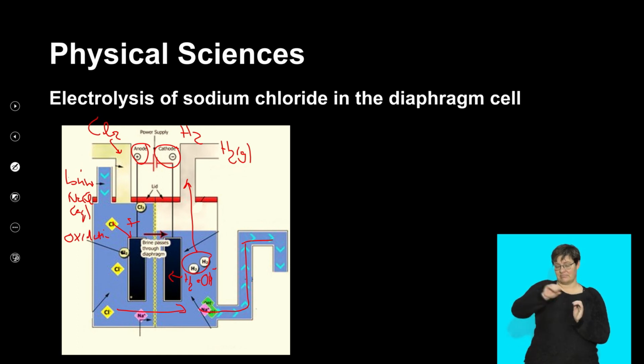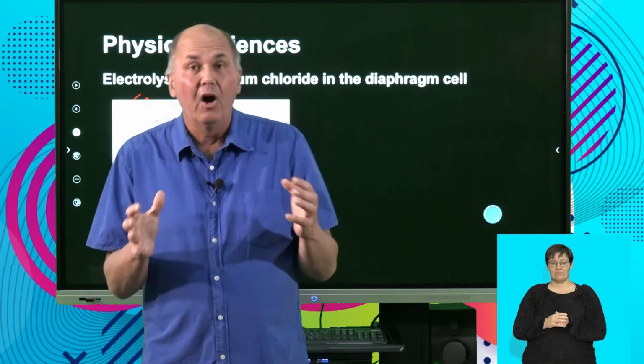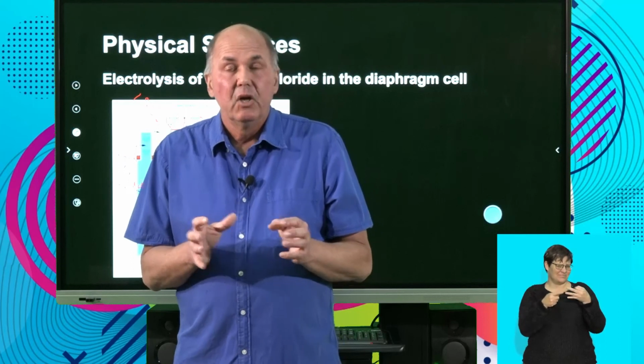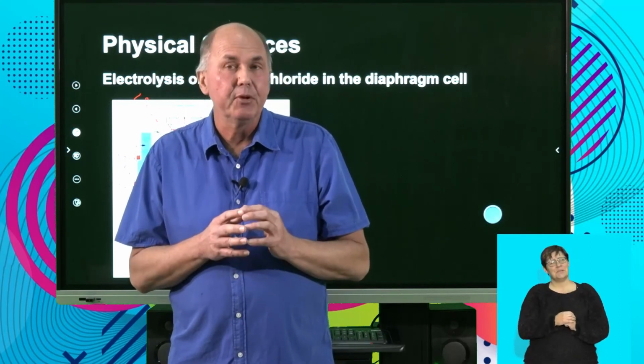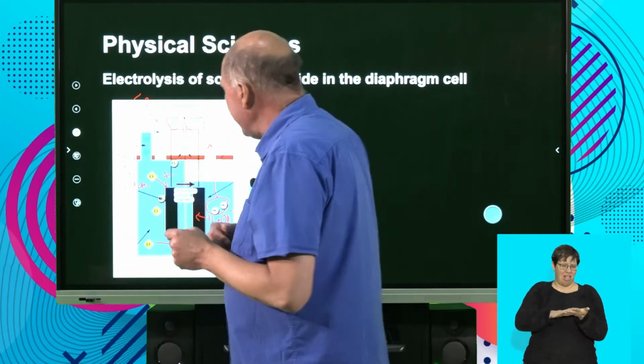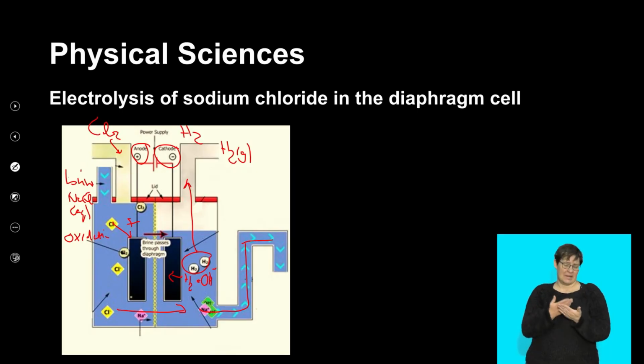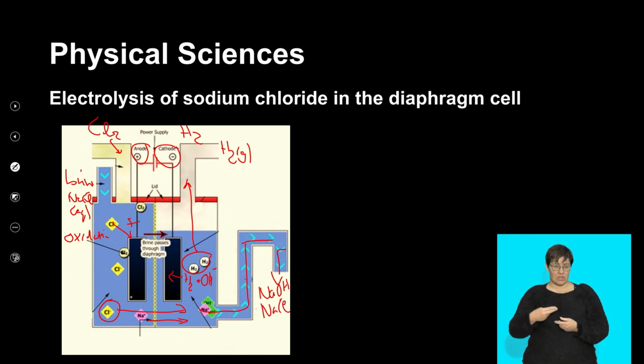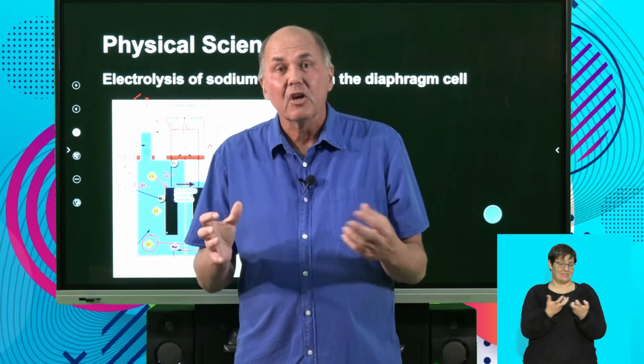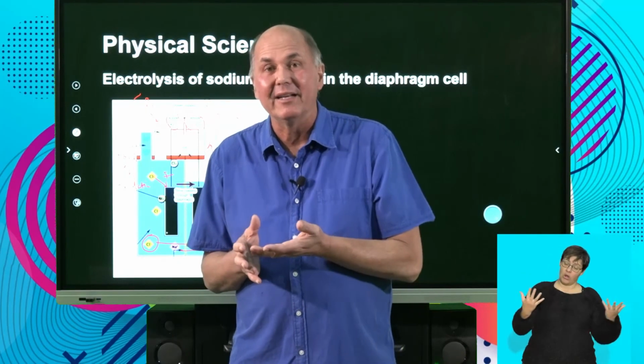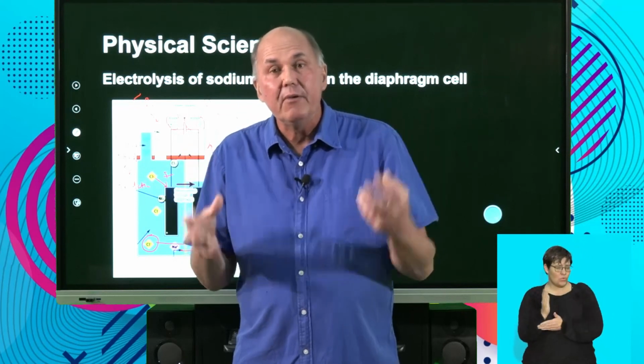Now, one of the problems of this diaphragm cell was that there could be some impurities. The major thing was that this cell didn't stop chlorine from getting through. So in this mixture you actually got sodium hydroxide and sodium chloride, and that's quite difficult to separate. There weren't many chloride ions going through, so it wasn't very impure.